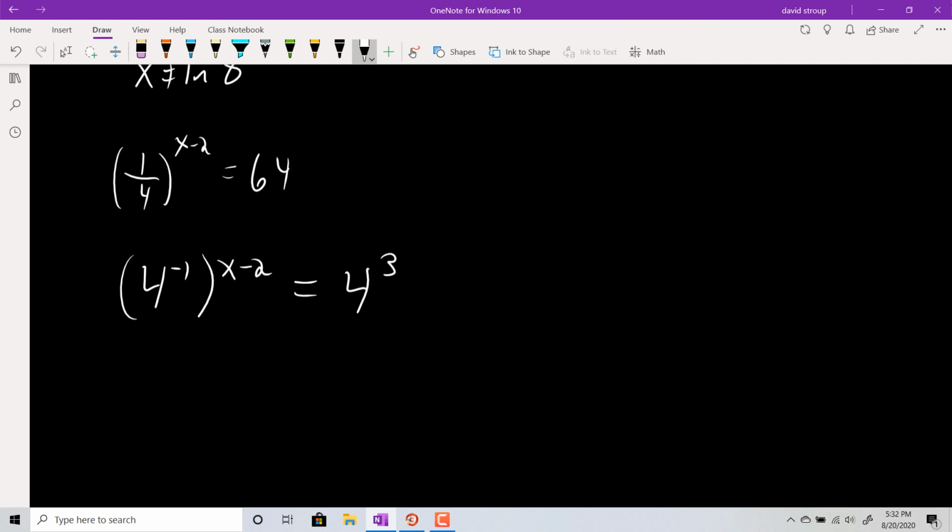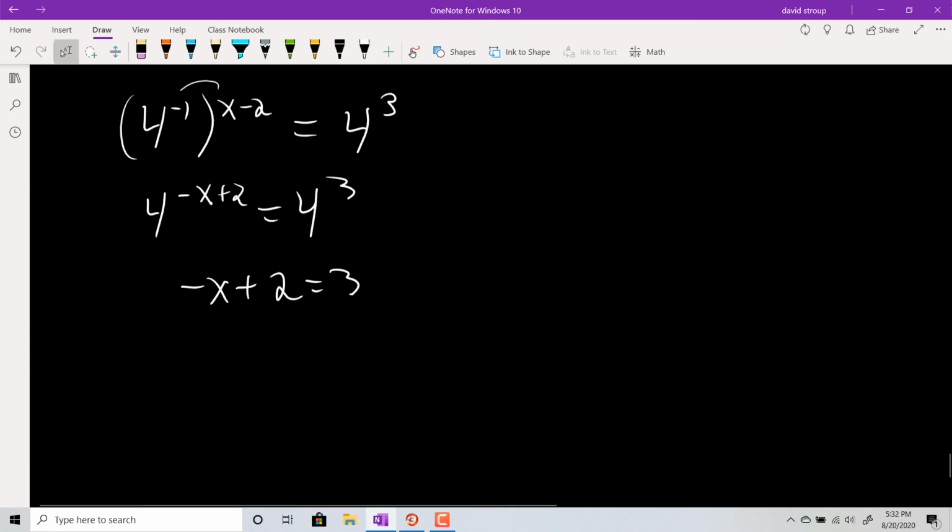And then you can multiply out those exponents. So 4 to the, but you have to distribute, 4 to the negative x plus 2 equals 4 cubed. So negative x plus 2 is 3. And then what do we have? x equals, bring the x over and subtract the 3, minus 1.